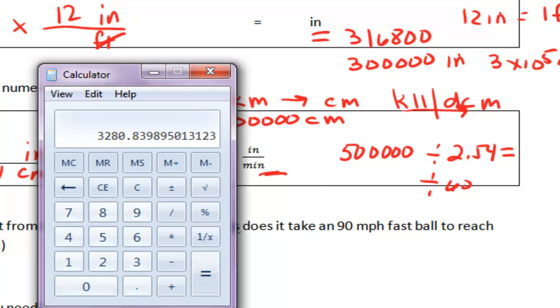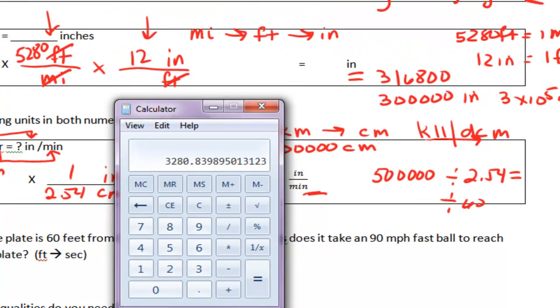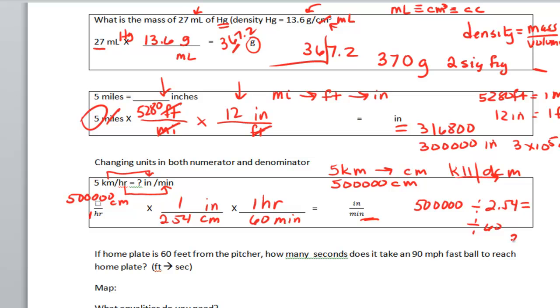And I get 3281. So let's say 3281, and if I round that off to just one significant figure, that would be 3,000, and that would be inches per minute. So that's an example. You can work with both the top and the bottom units in the same problem.